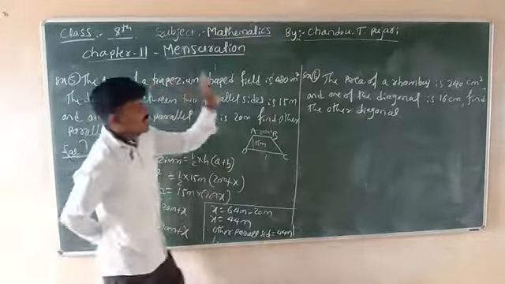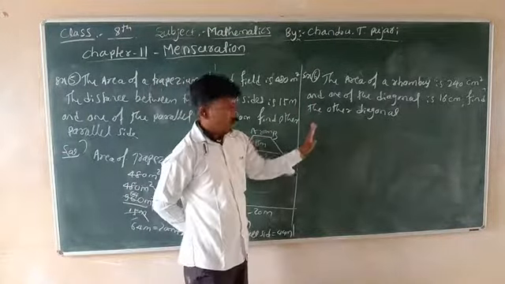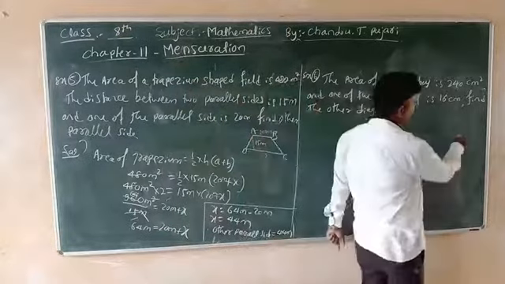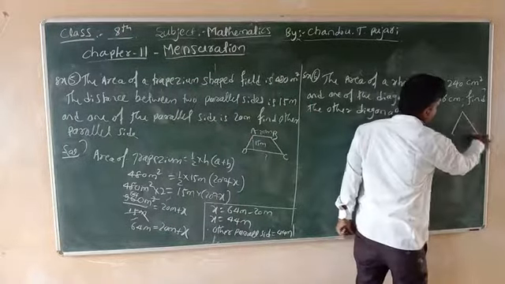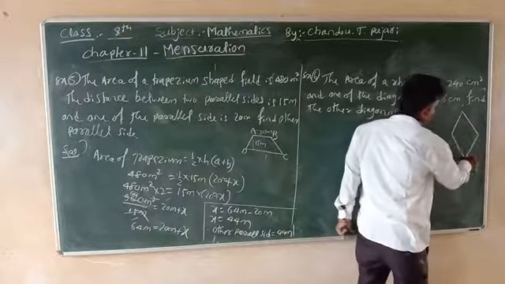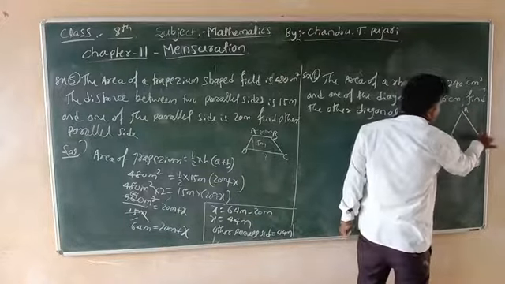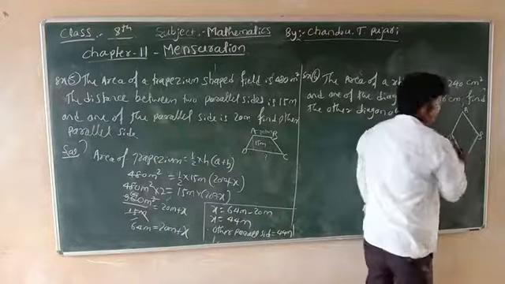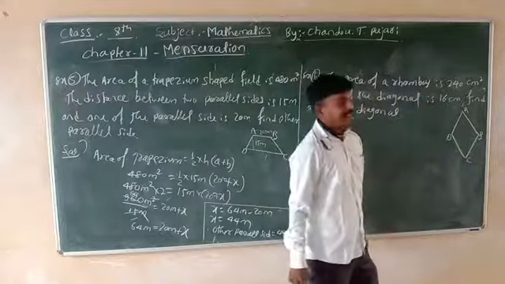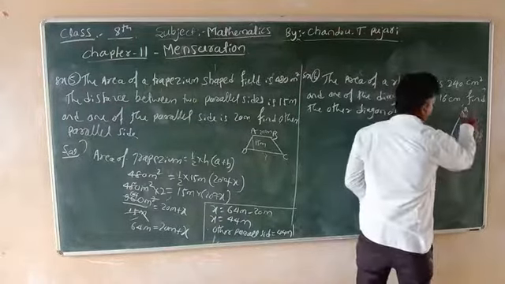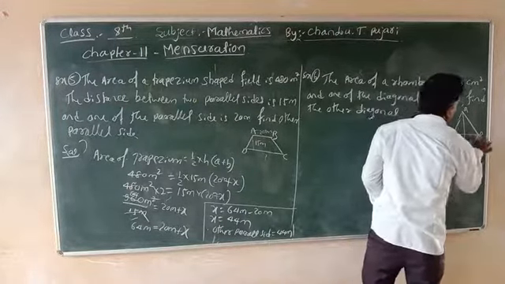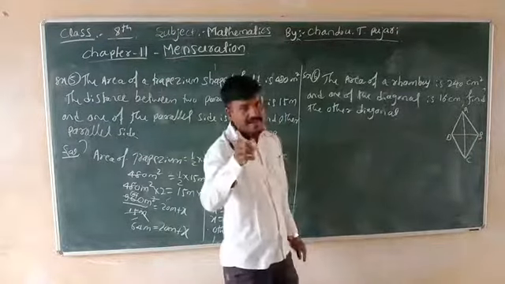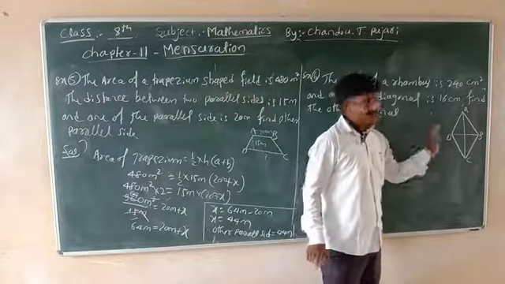Next, same as this, the rhombus. In the rhombus, consider ABCD is a rhombus. Diagonals are given, AC diagonal and BD diagonal. Only one diagonal is given. Area of rhombus is given.